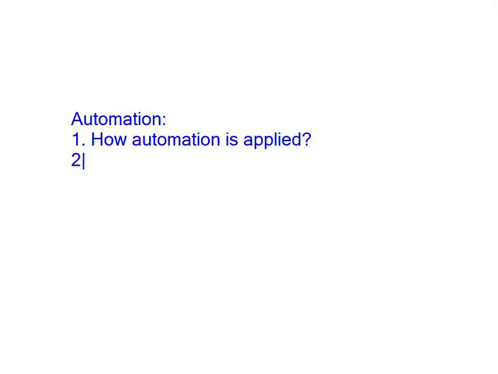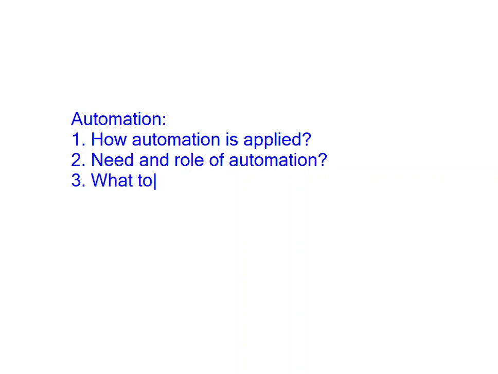And what is the need of automation, need and role of automation in DevOps as compared to earlier practices. What to automate? What are the tools and framework utilized for automation in DevOps?